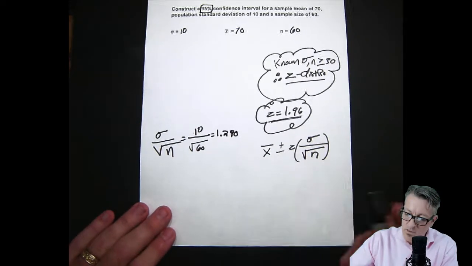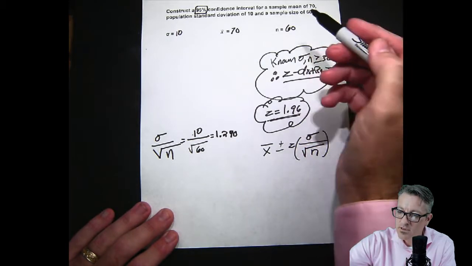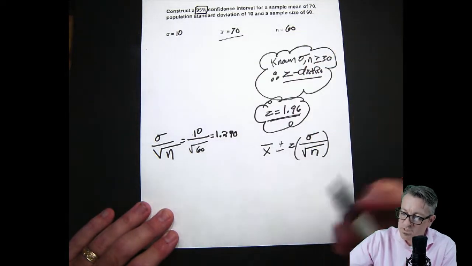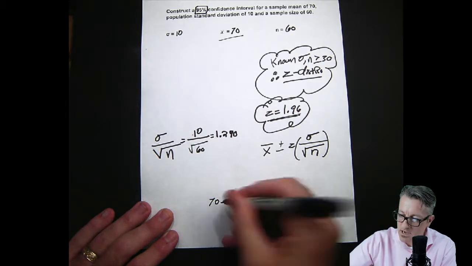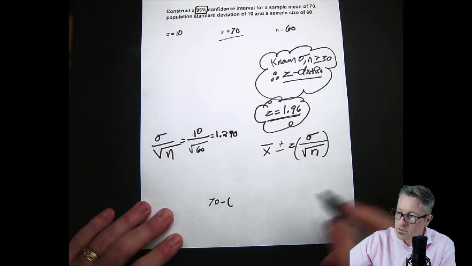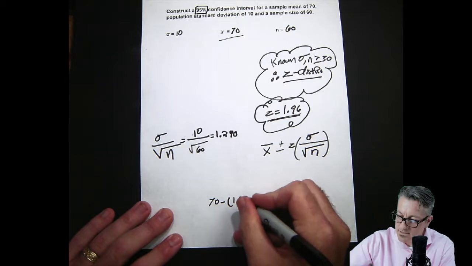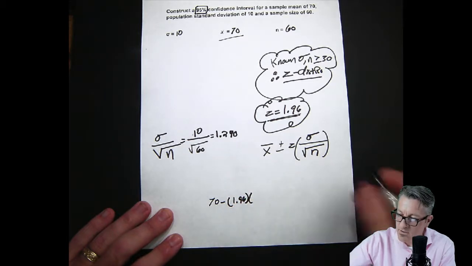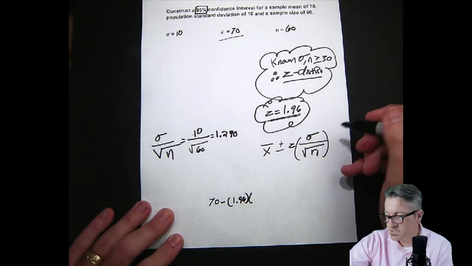Okay, so let's go and set up our ranges. First we'll do the negative, so we start with the sample mean, 70, minus the z value, which is 1.96, multiplied by our value right here, essentially the standard error.